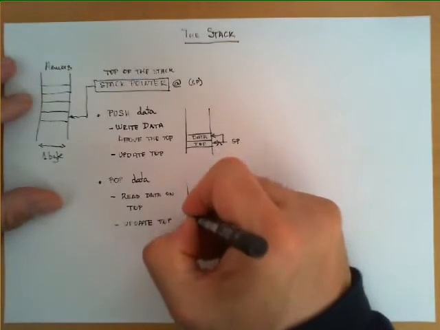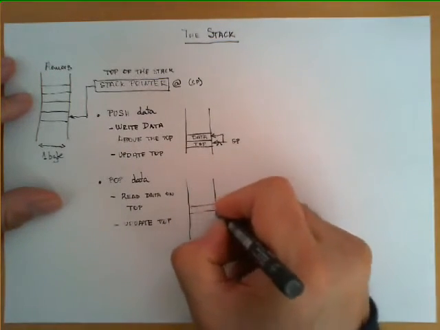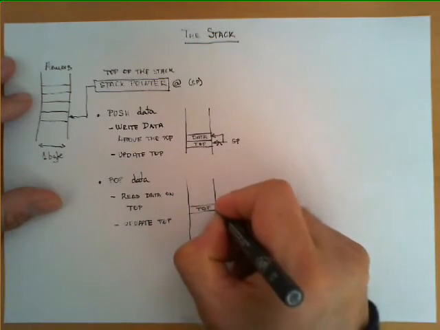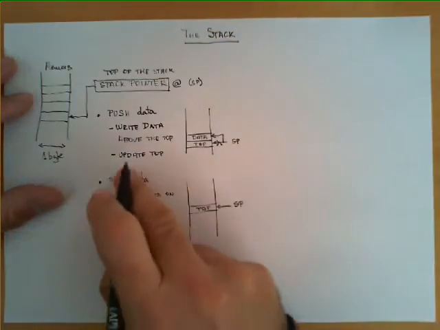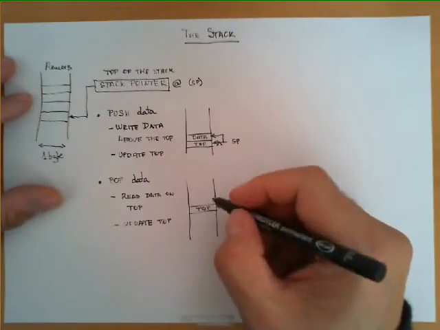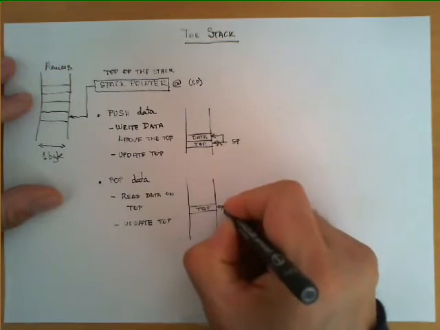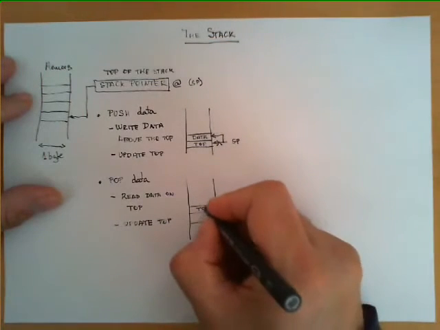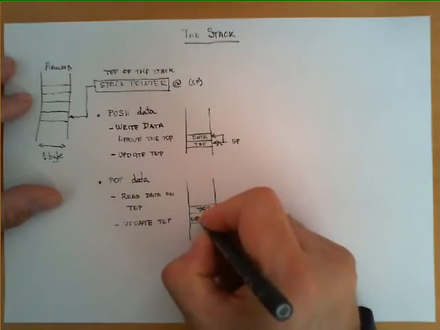In other words, again, this is our memory, this is the status of the stack, this is the top, and this is our register stack pointer. After performing the pop data, we read this data, put it somewhere else, and then we correct this register to point to the position right below. So this is no longer the top, this is the new top.